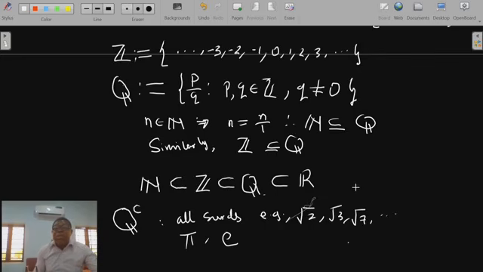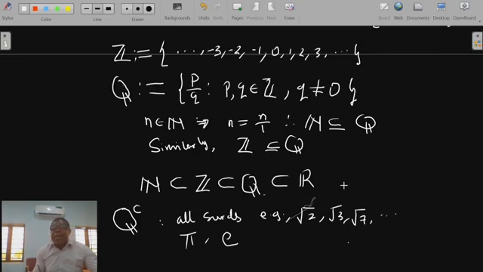Let us note that a number like 0.6666 and so on is a rational number, because 0.6666 can be expressed as 2 over 3, which is in the form P over Q, where in this case P is equal to 2 and Q is equal to 3.